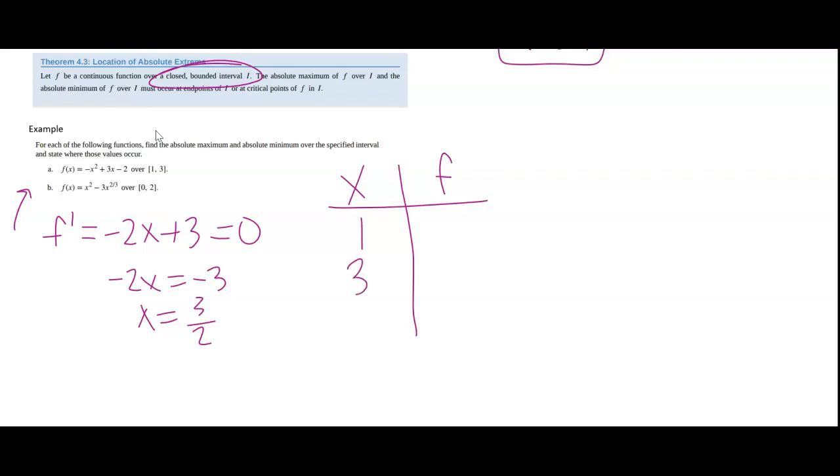I need to look at the endpoint values, and then I need to look at that critical point. Well, if I plug in 1, I get negative 1 squared plus 3 minus 2. I end up getting 0. If I plug in 3, I get negative 9 plus 9 minus 2, so I get negative 2.